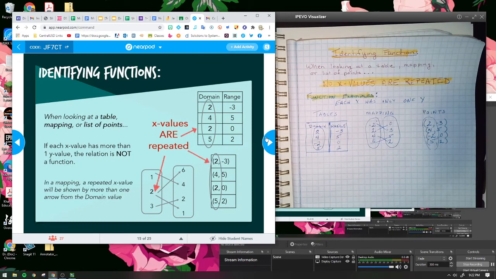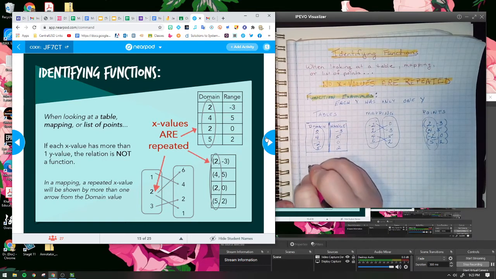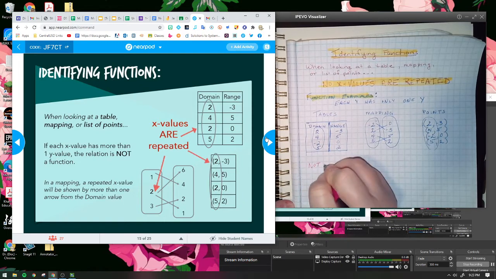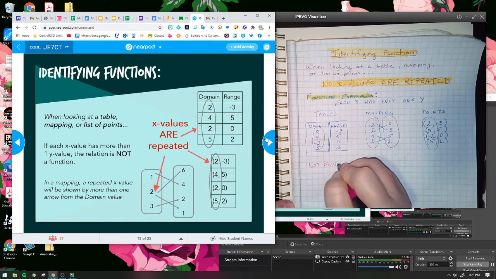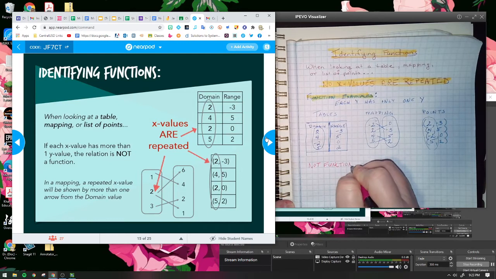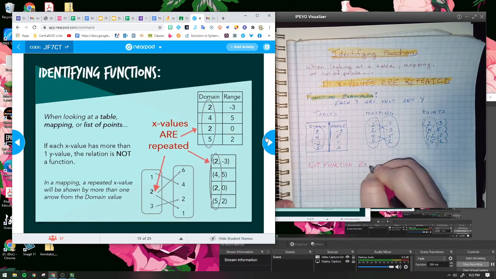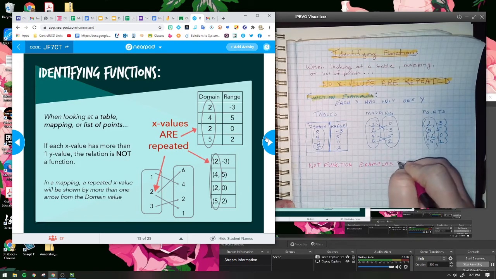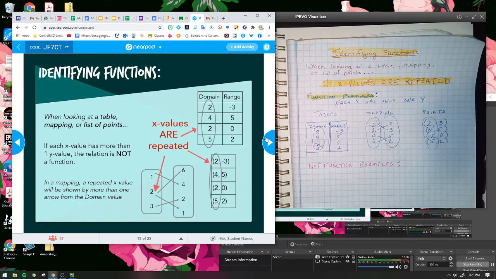Now let's look at some examples that are not functions. I'm going to write here: not function examples.